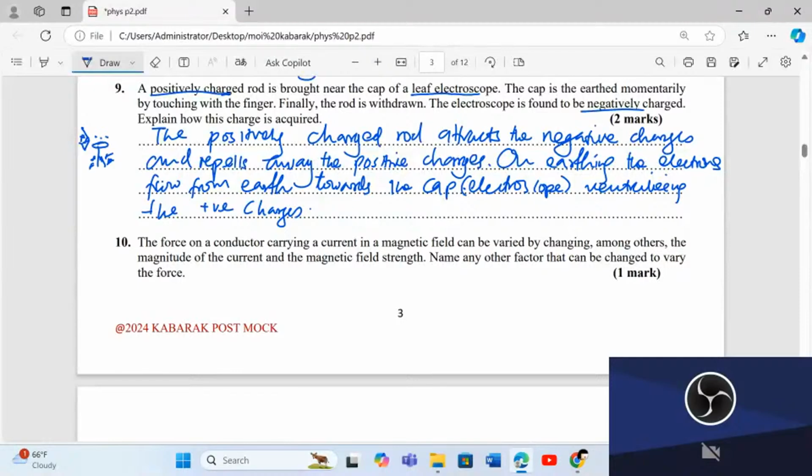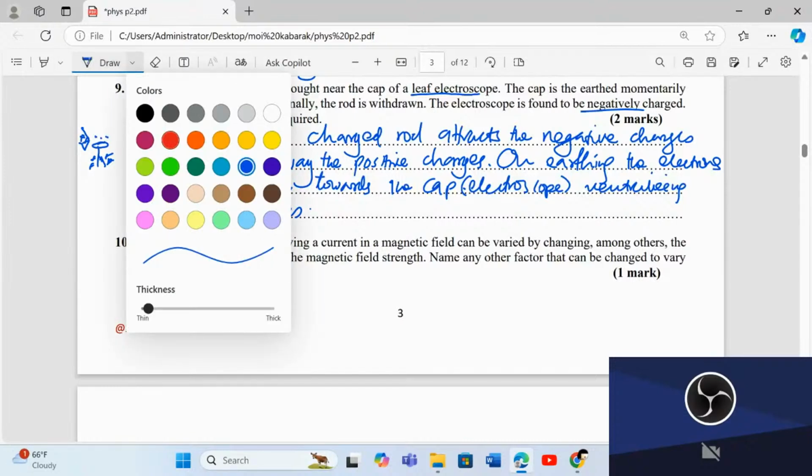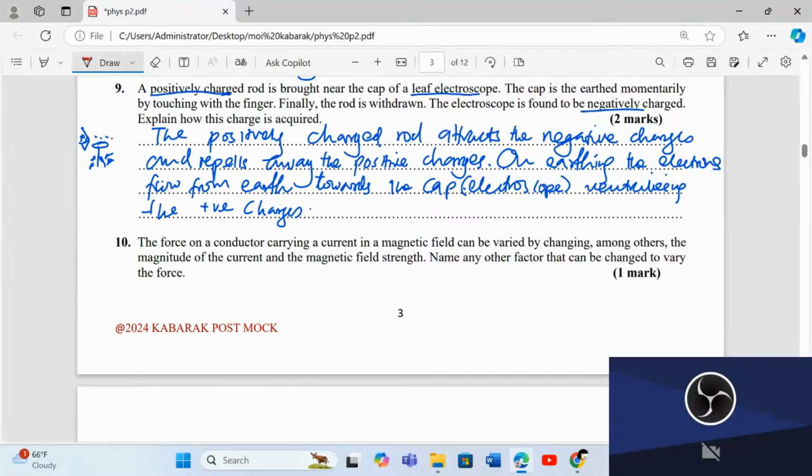Then now we try to touch like this. So now, how will the electron charges move and in what direction?